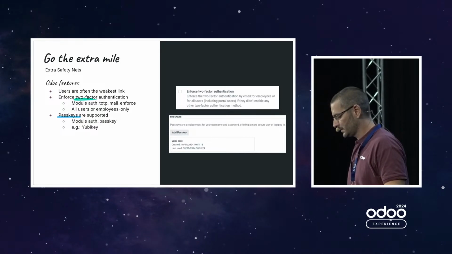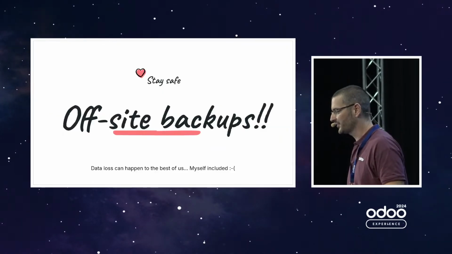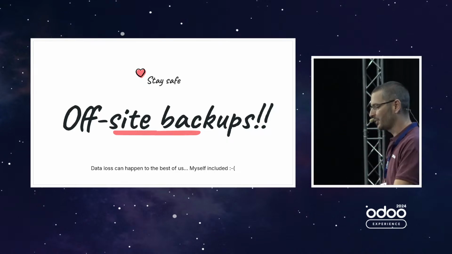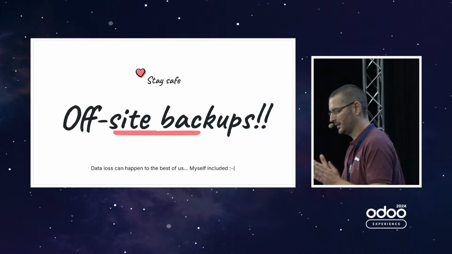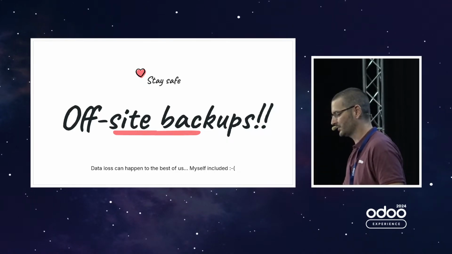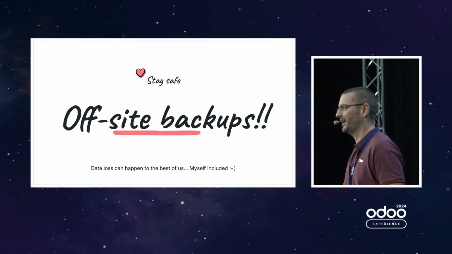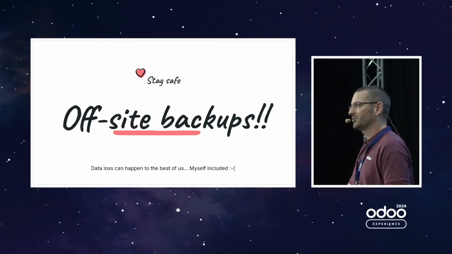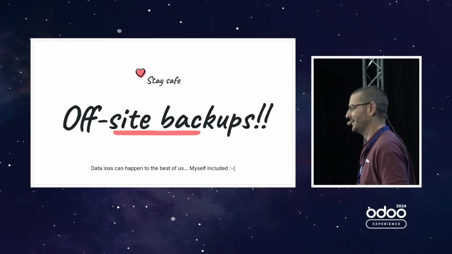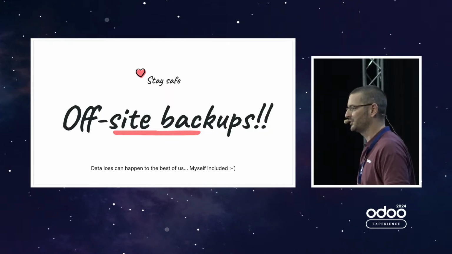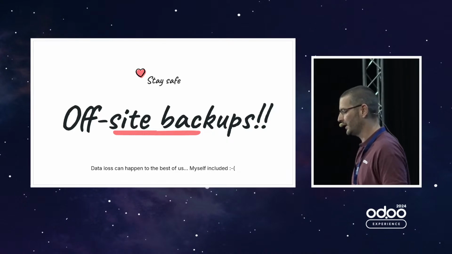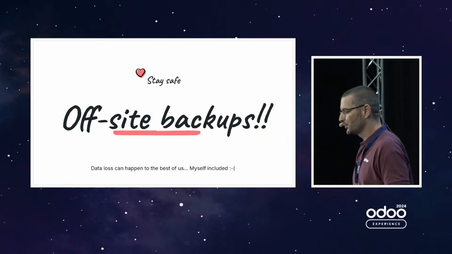And yeah, offsite backups. That's maybe the last thing I'm gonna say today: please do daily offsite backups. At some point you will have a data loss. It can be a human mistake, hardware failure, you don't know.